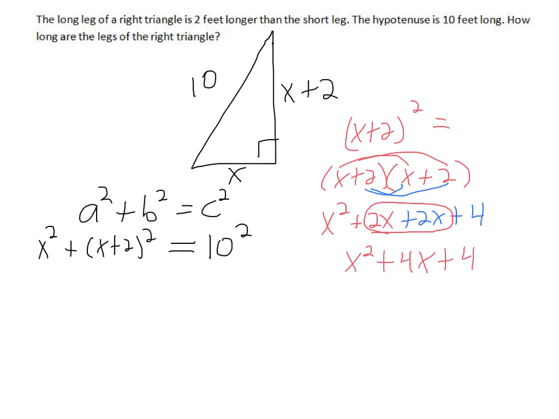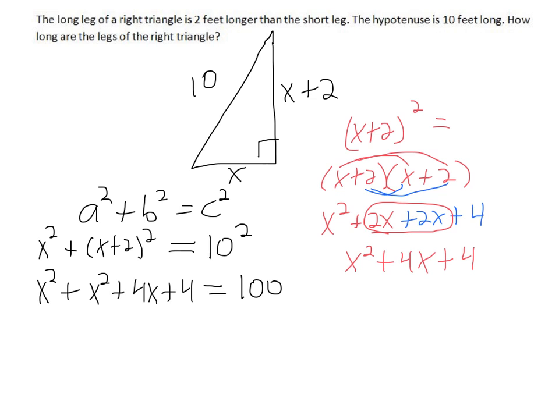So we've distributed the x and the 2 into the other x plus 2. We can now go back to our original x squared plus and replace this whole (x plus 2) squared with our new x squared plus 4x plus 4. That all equals, on the right side, 10 squared, which is 100.